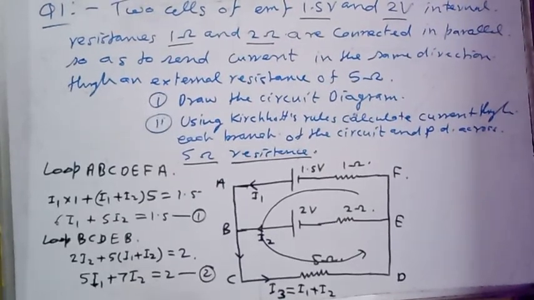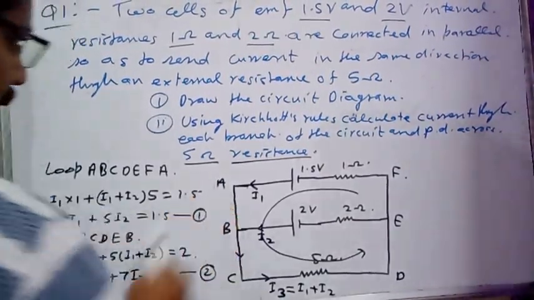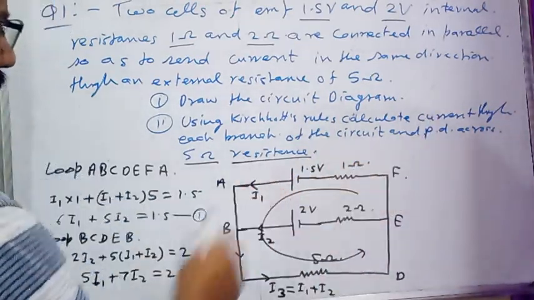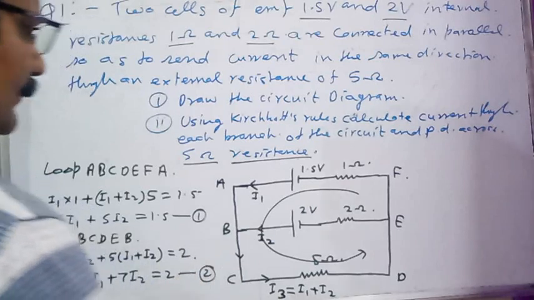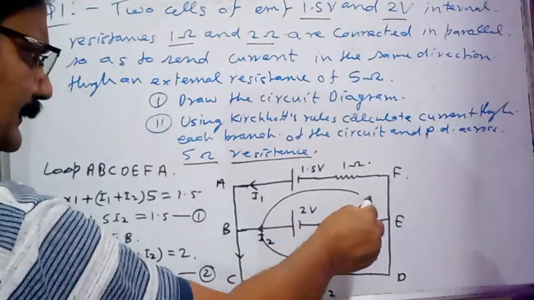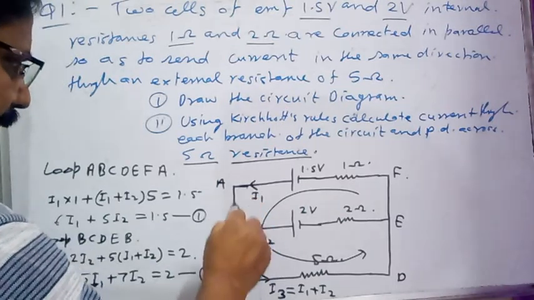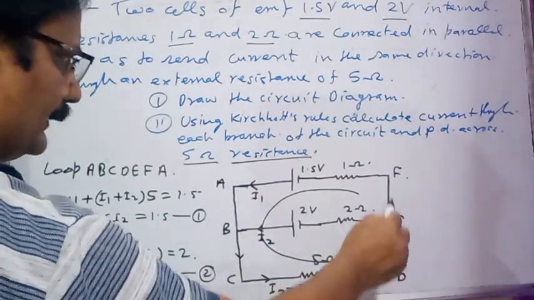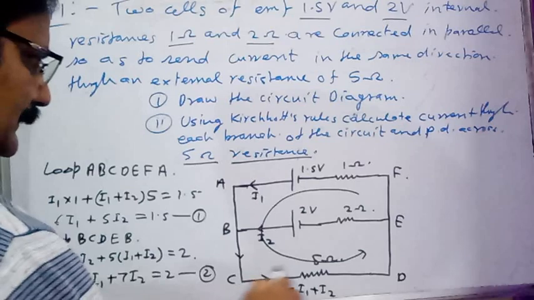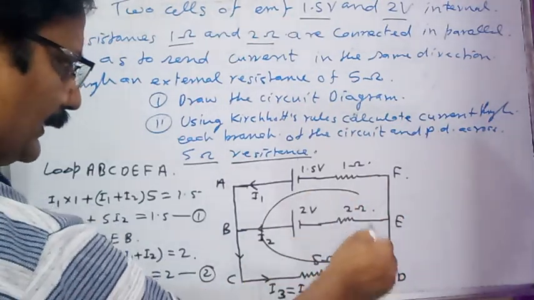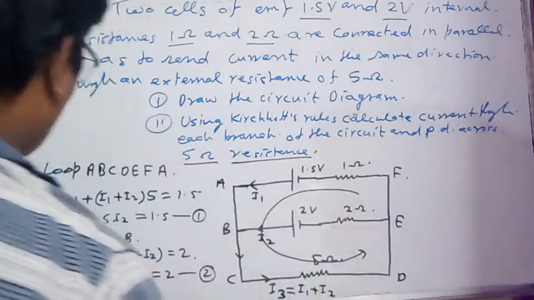So students, to find the answer of the second part, using Kirchhoff's rule, calculate the current through each branch of the circuit. So suppose first of all we consider this larger closed loop. That loop is A, B, C, D, E, F, and we are moving anti-clockwise through this loop.